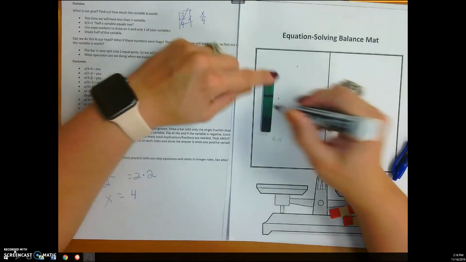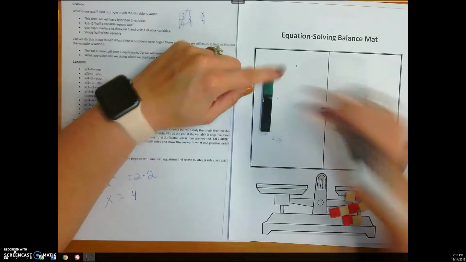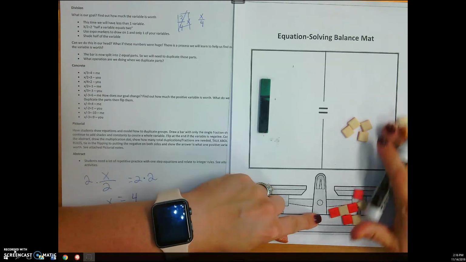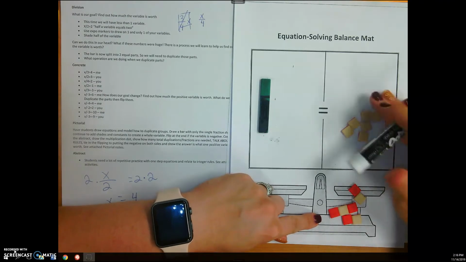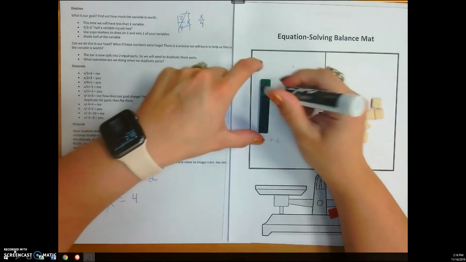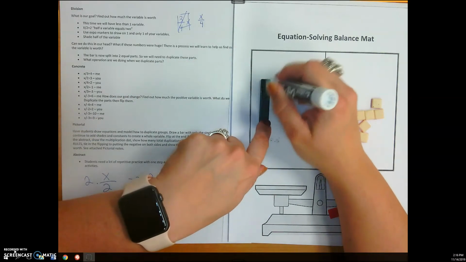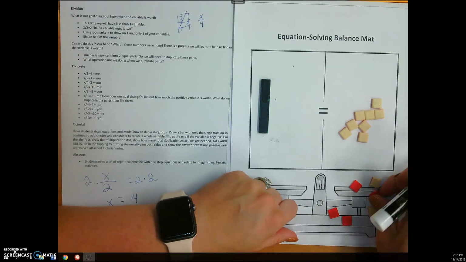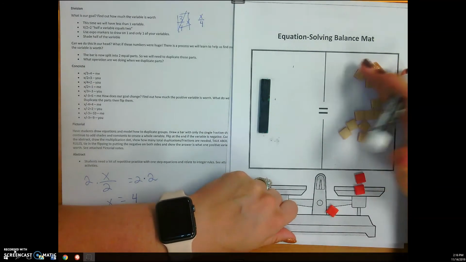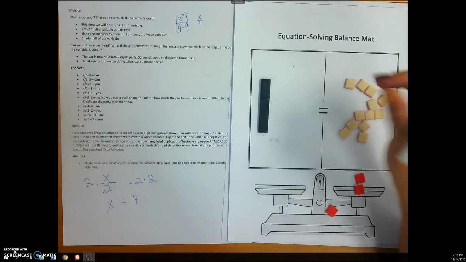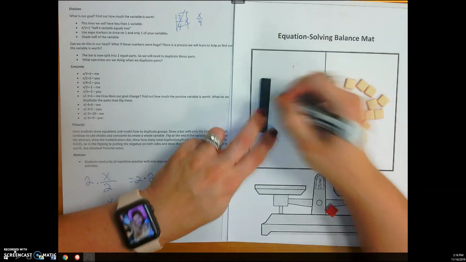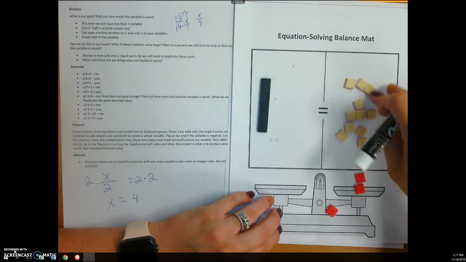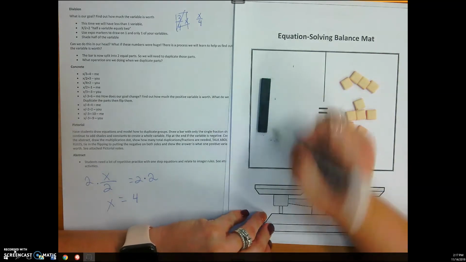So then 2/3 of our variable will then equal 8, and our whole variable will then equal 12. We're duplicating this 1/3 3 times.